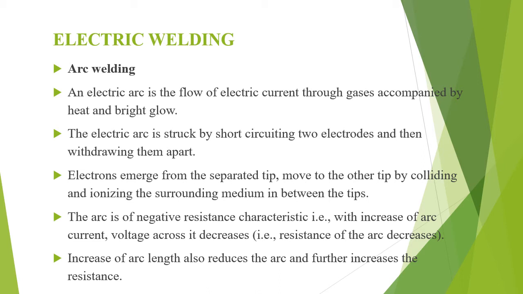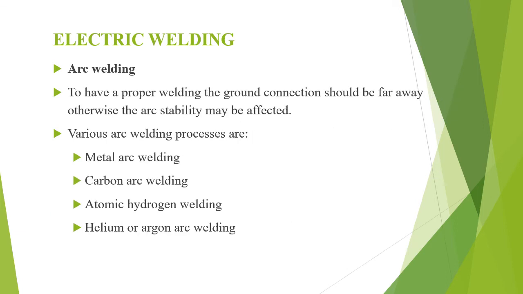The arc has negative resistance characteristic, that is, with the increase of arc current, voltage across the arc decreases and also resistance of the arc decreases. Increase of arc length also reduces the arc current and further increases the resistance of the arc. An arc requires more voltage to strike than to be maintained.